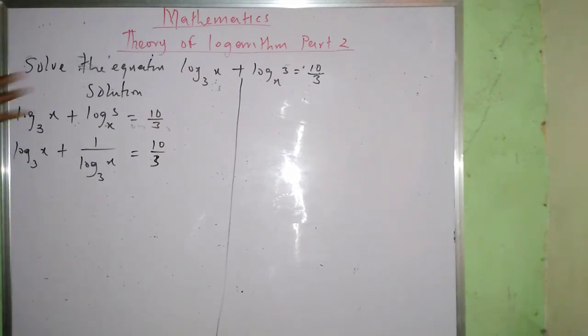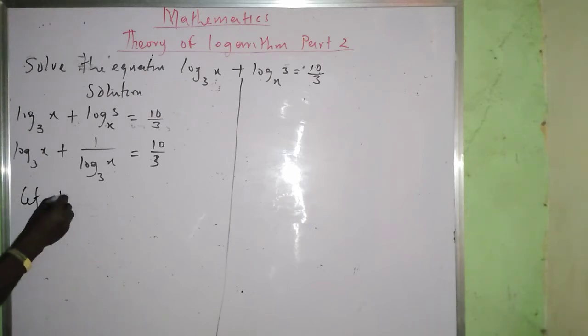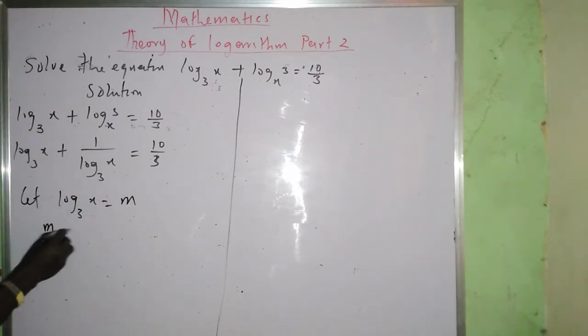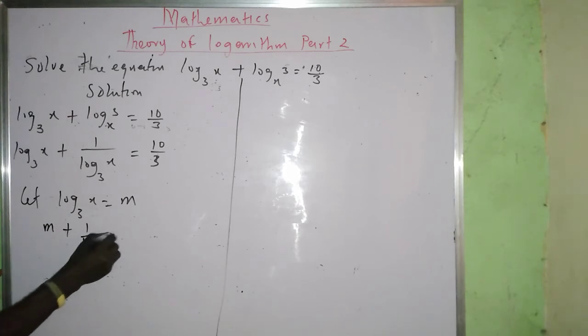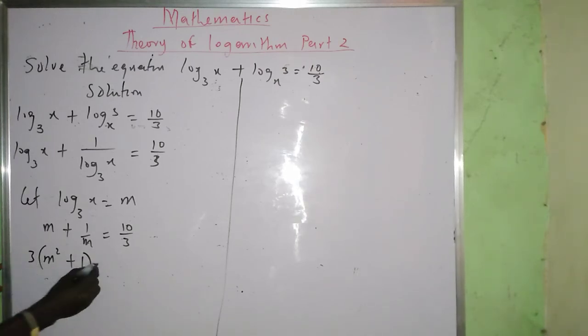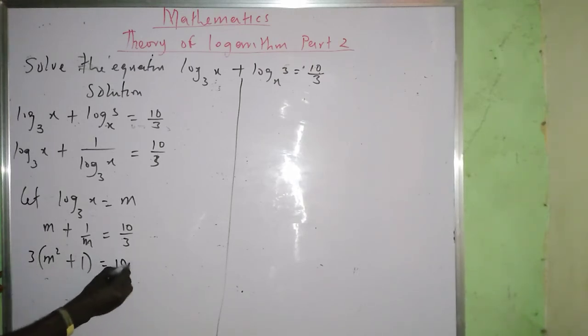Just say let log₃ x equal m. Therefore, I will be having m plus 1 all over m equals 10 all over 3. I will be having m squared plus 1, all bracket of 3, equals 10m.